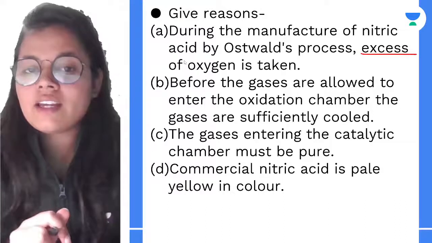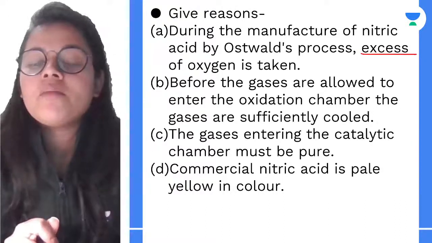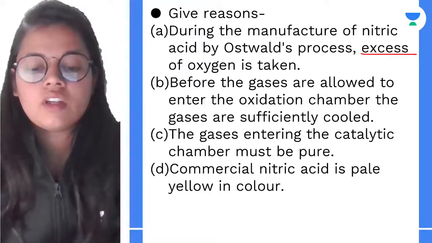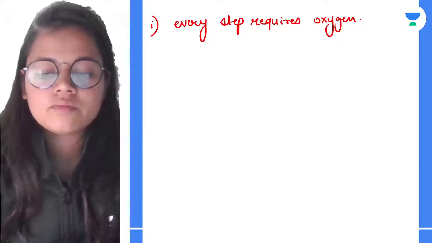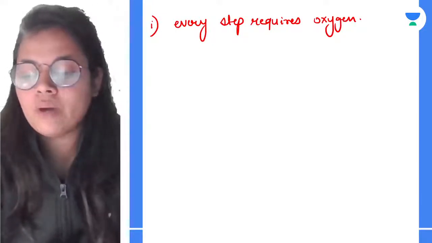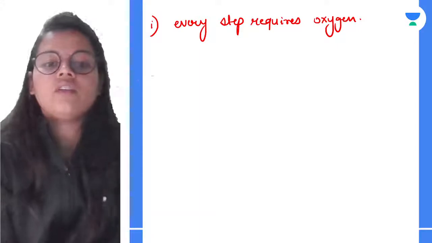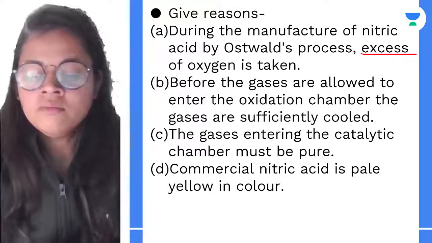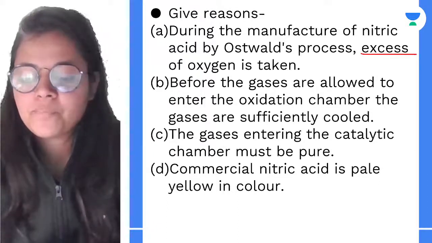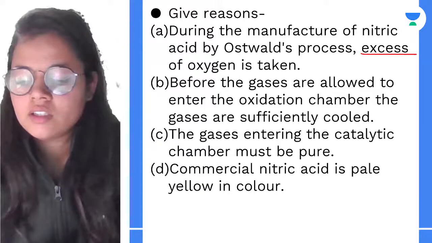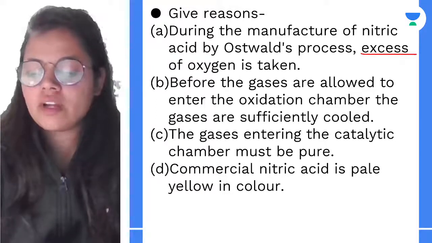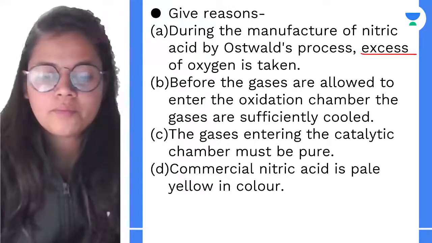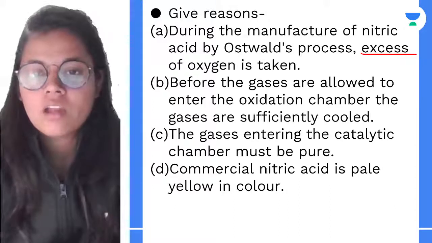We discussed this question right now. Before the gases are allowed to enter the oxidation chamber, the gases are sufficiently cooled. Why are the gases cooled? Very easy question. Why do we need to cool down the gases? Alright, students.